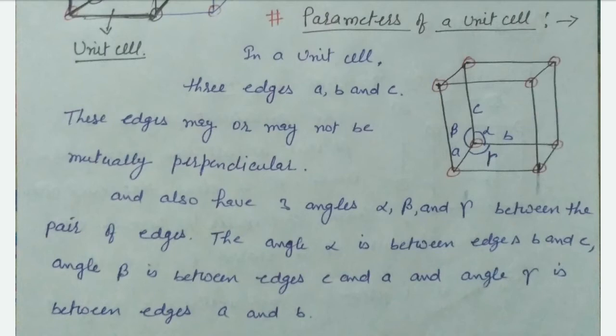Angle alpha is between axes b and c, while beta is between axes c and a, and angle gamma is between axes a and b. So, is that clear? Okay, the unit cell has six parameters, three axes and three angles.